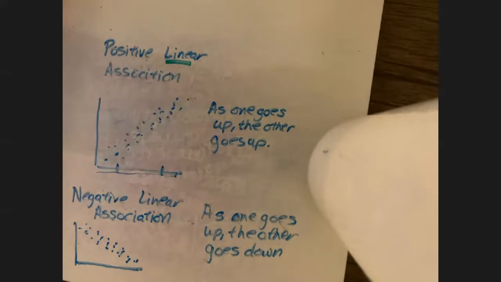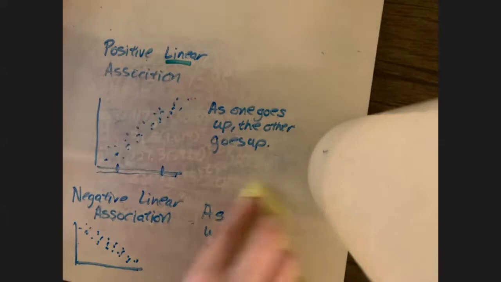Now, a couple of things you need to be aware of as we proceed through this section. We're going to be focusing on linear things. A couple of things can happen with this.